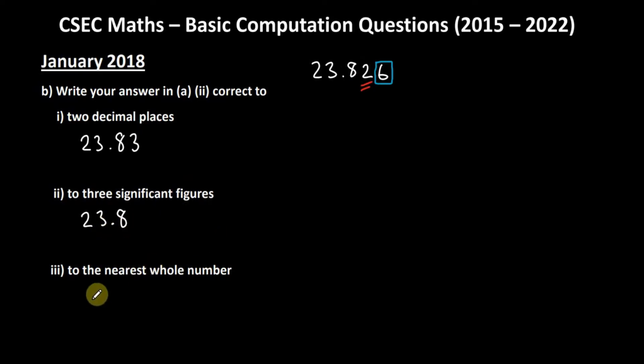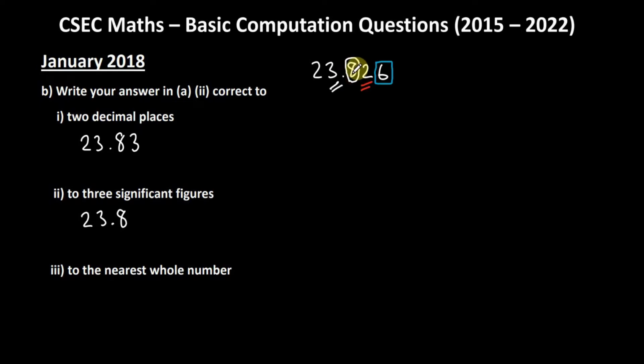And thirdly, guys, they ask us to write this numeral to the nearest whole number, right? Now, if we're going to write this to the nearest whole number, it means that we don't want any digit behind the decimal point, right? Or to the right of the decimal point, which means we want to stop here. However, if we're going to stop here, guys, we have to pay attention to the digit to the right.